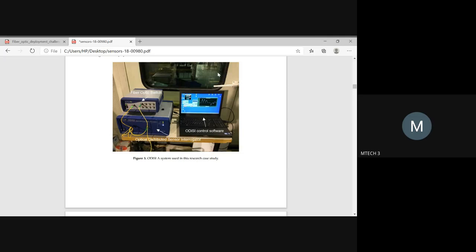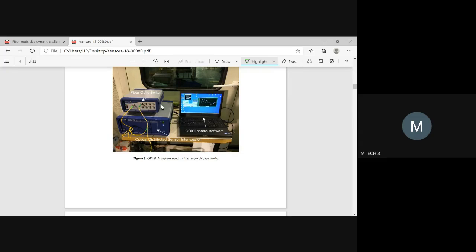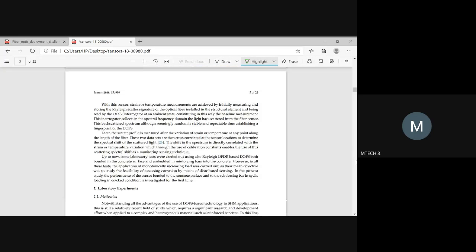This is how an optical distributed sensor and the optical switch work smoothly with the help of a controlling unit. So if they ask you, you should be able to write in your own words about its importance, what the measuring parameters are, and how you will measure it. Everything you should clearly understand.